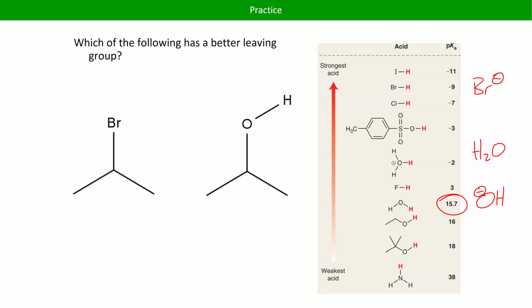So water is a good leaving group because it has a negative pKa. Water is a good leaving group, hydroxide is not. That's tricky to remember because that's water right there, but it's actually referring to the conjugate base, which is the hydroxide.